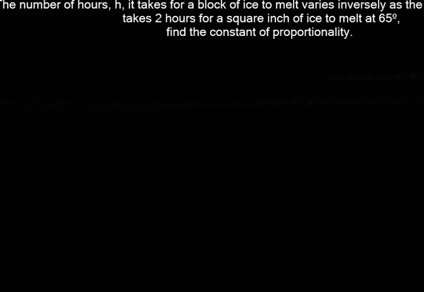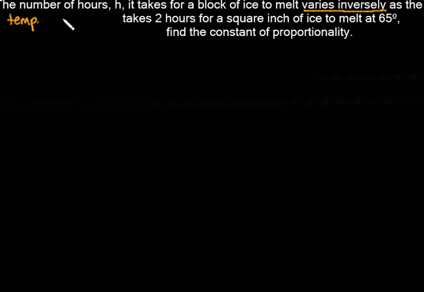Sometimes problems can look scary. This one doesn't even fit on your screen. It says the number of hours, H, it takes for a block of ice to melt varies inversely as the temperature.